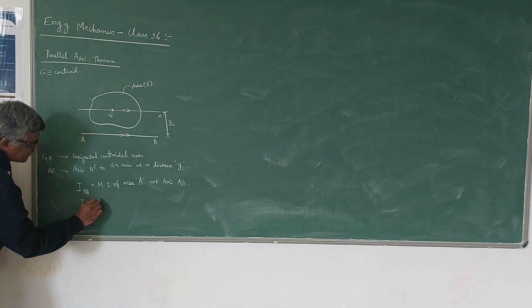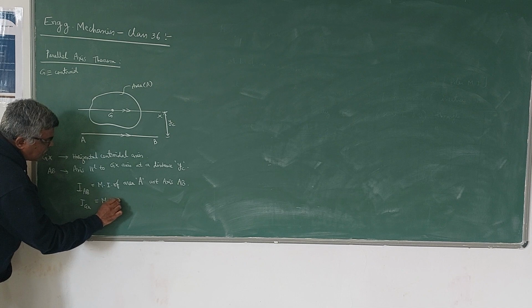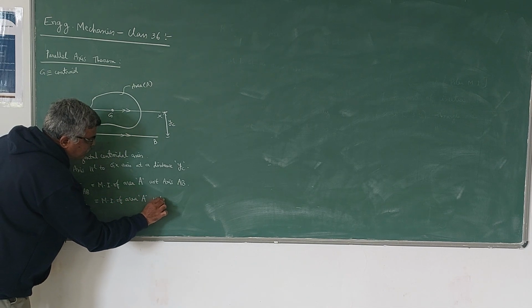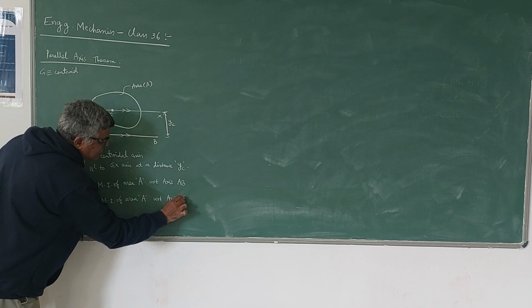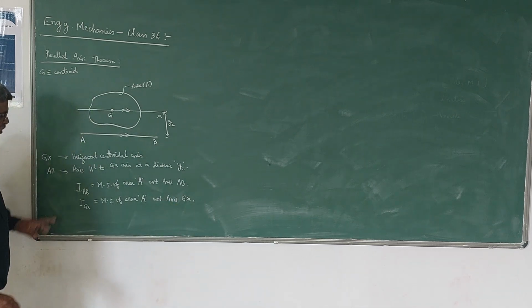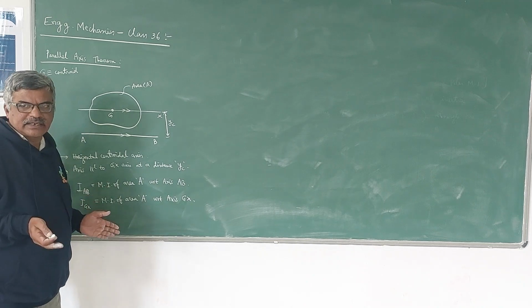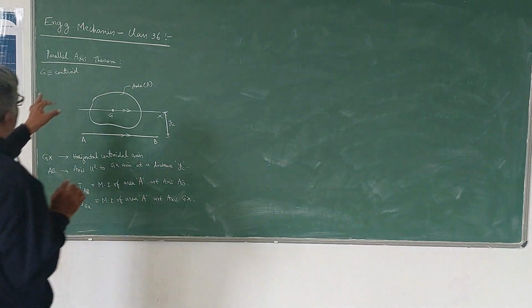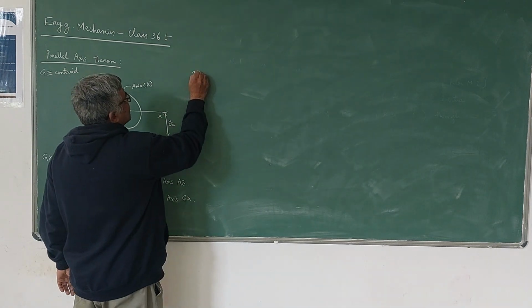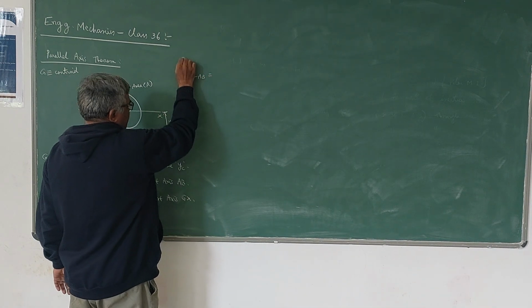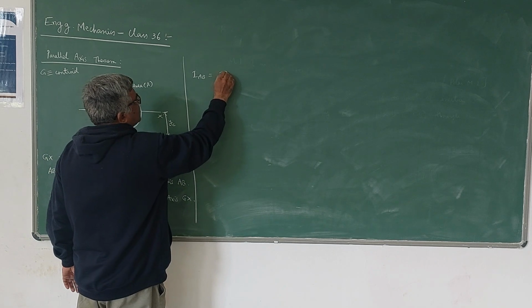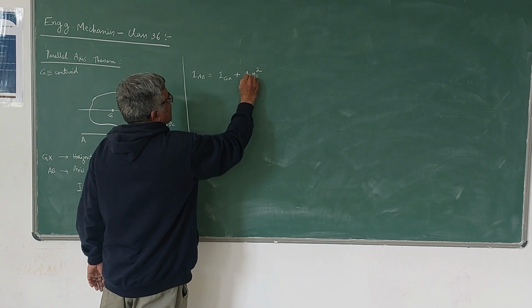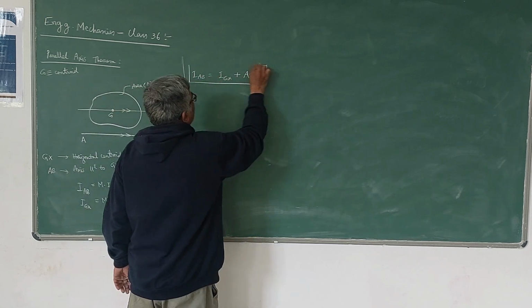IGX is the moment of inertia of area A with respect to axis GX. If you know IGX, you can find IAB using the parallel axis theorem. It states: IAB is equal to IGX plus A into yc square. So this is the parallel axis theorem.